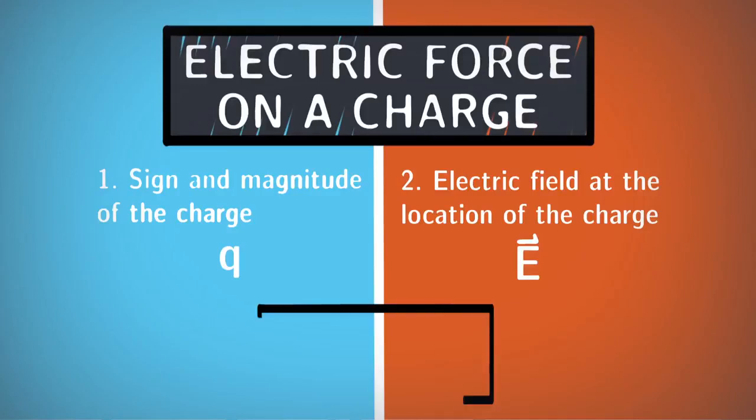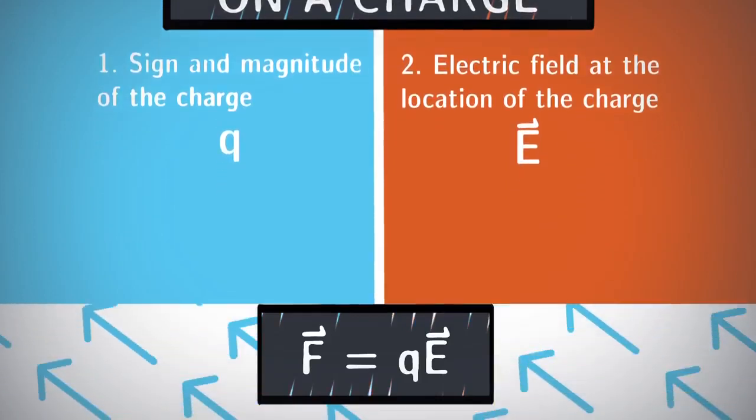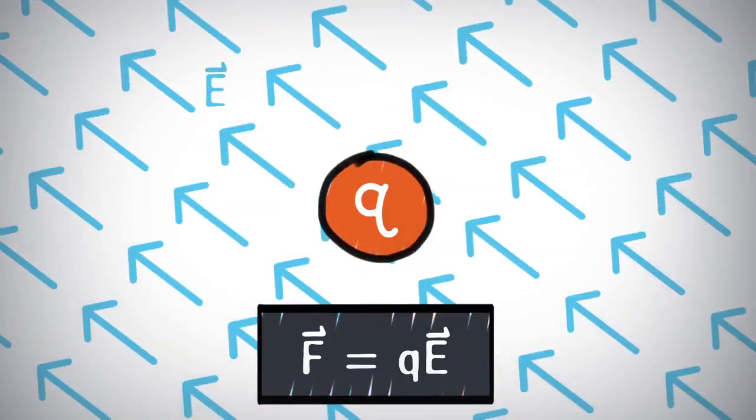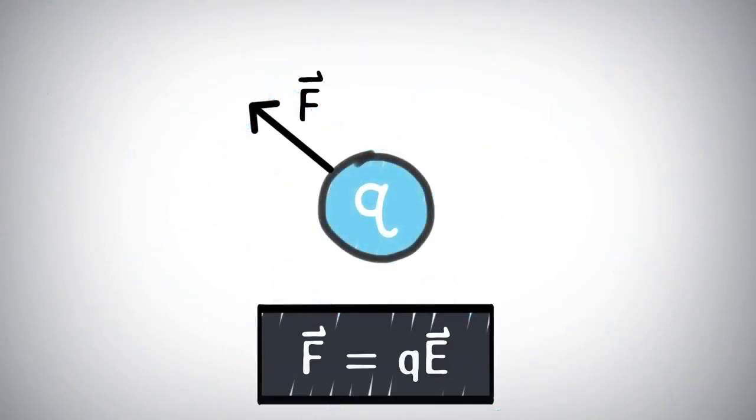Mathematically, the electric force on the charge is equal to the product of the charge Q and the electric field E. This vector expression tells us that if the charge Q is positive, then the electric force and the electric field must point in the same direction. However, if the charge is negative, then the electric force points in the direction opposite to that of the electric field.